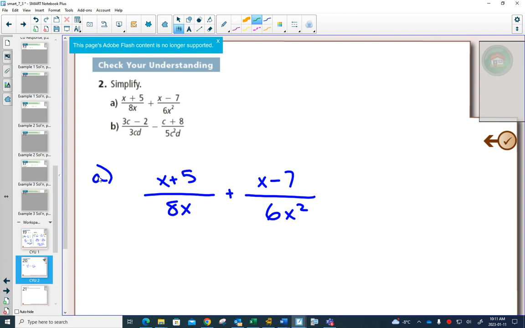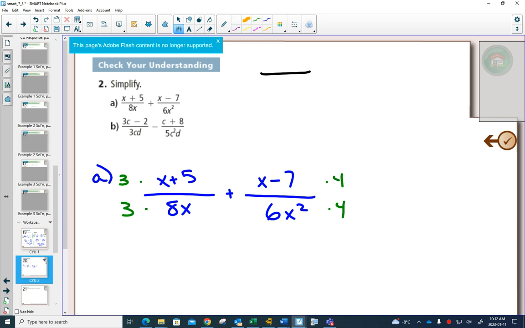That's perfectly fine, but then you'll have to simplify at the end, which can be more complicated. So if you can see that 24 is the smallest one, that's great.